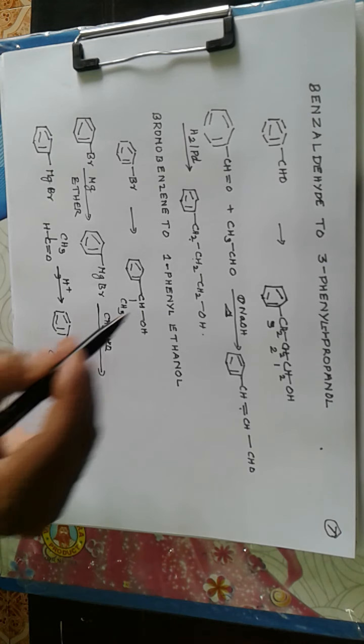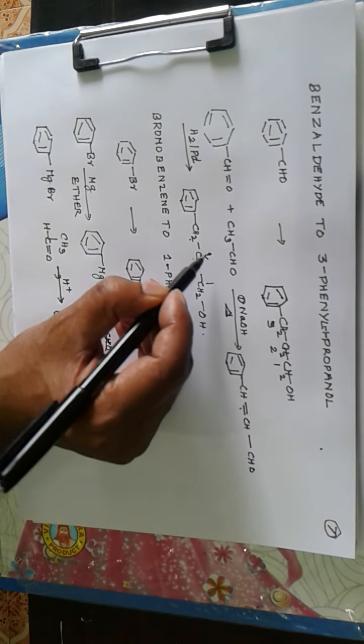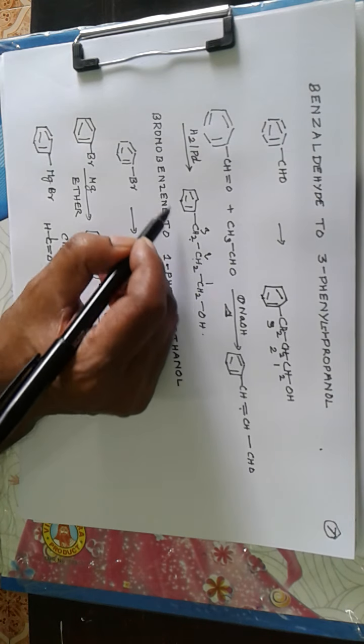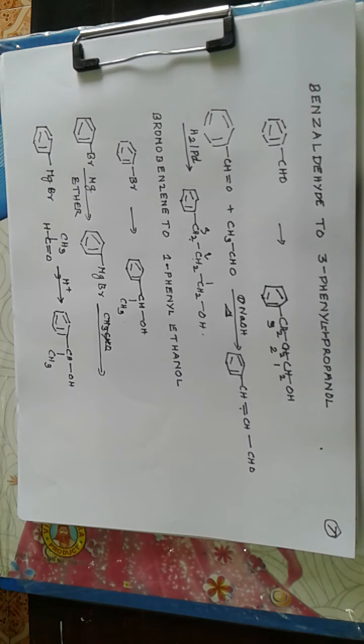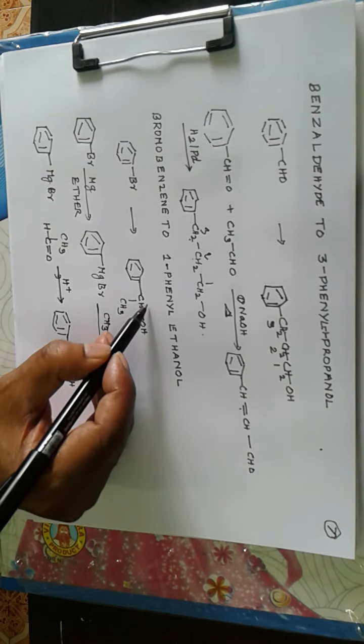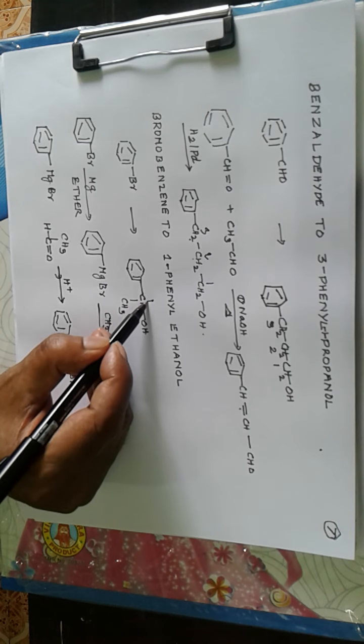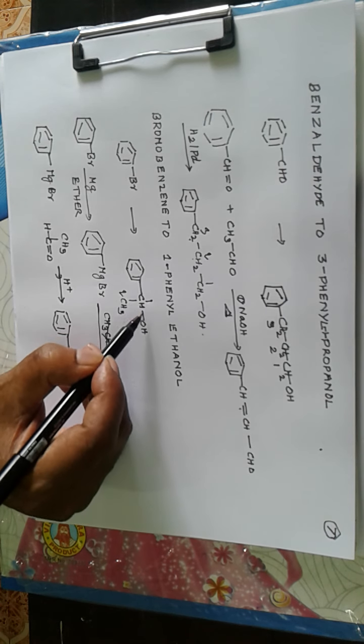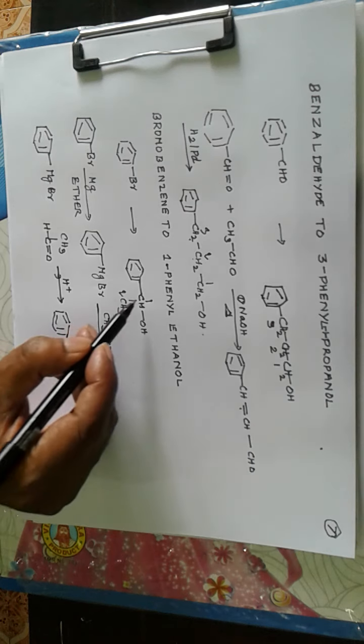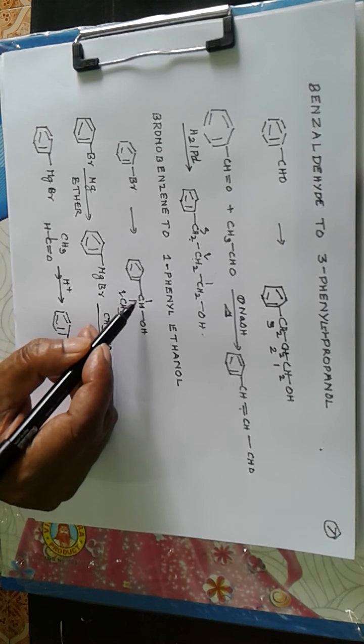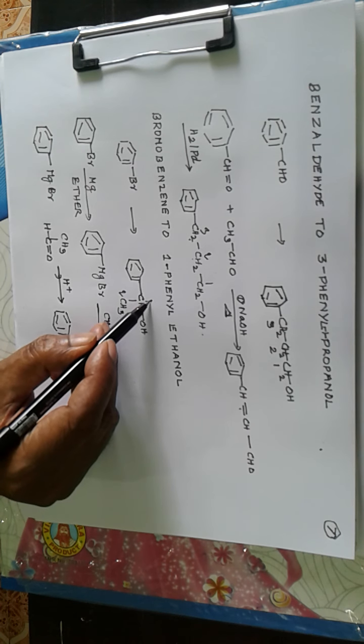It is 3-phenyl propanol. Bromobenzene to 1-phenyl ethanol. So ethanol CH3CH2OH, on carbon 1 we have a phenyl group.